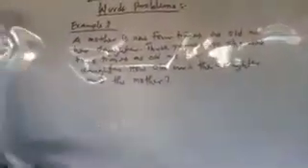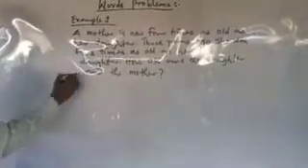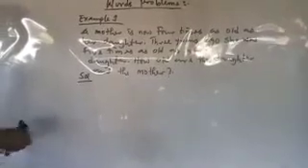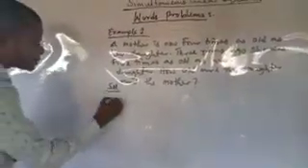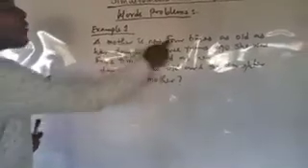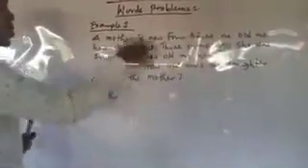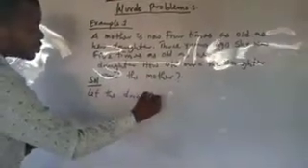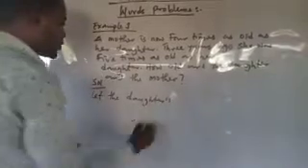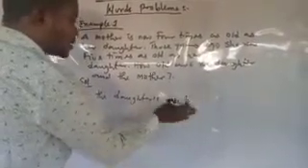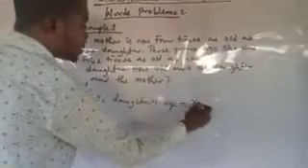So how are we going to tackle this question? Very simple and straightforward. We are going to assume one or two things here. Solution. First thing, according to the question, a mother is now 4 times as old as her daughter. So assuming the daughter's age, let the daughter's age be equal to x years.